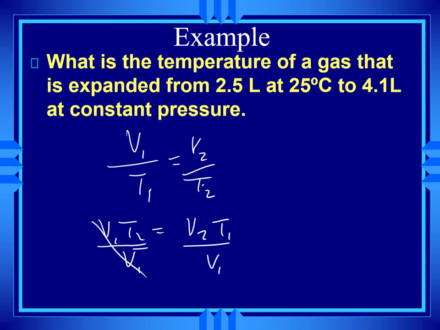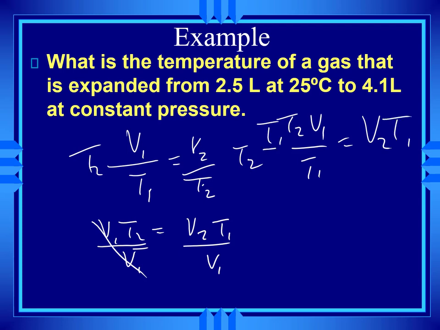That works, doesn't it? Or I can multiply both sides by T2, those cancel out, and I get T2 V1 over T1 equals V2. Now multiply both sides by T1 and divide both sides by V1, and I get T2. I get the same equation.